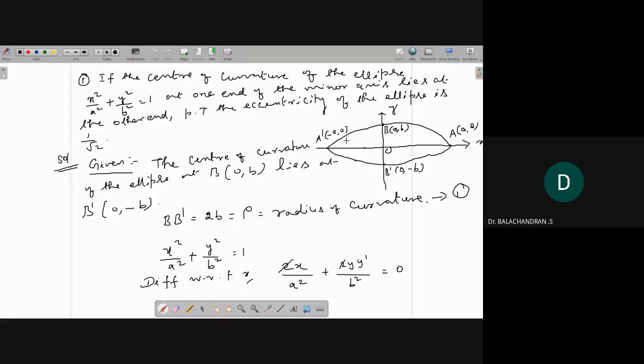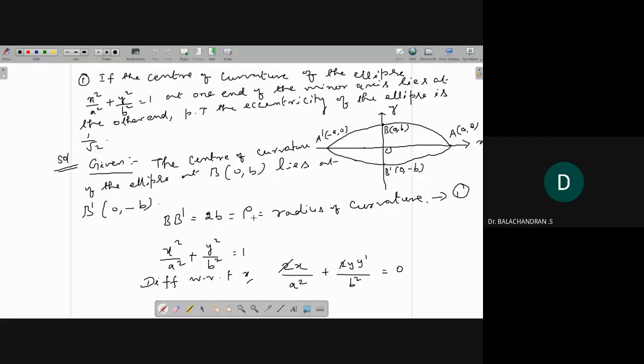In the question, the center of curvature of the ellipse at the point capital B lies at B dash. That is given. Also from the definition of center of curvature, the length BB dash is nothing but rho. The length BB dash is rho, but that is equal to 2b.